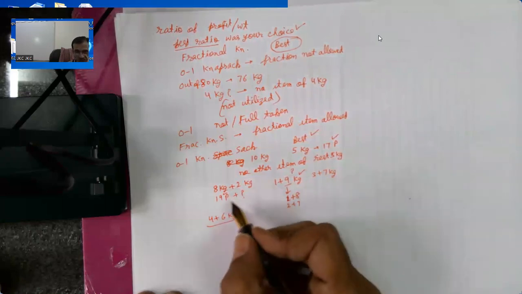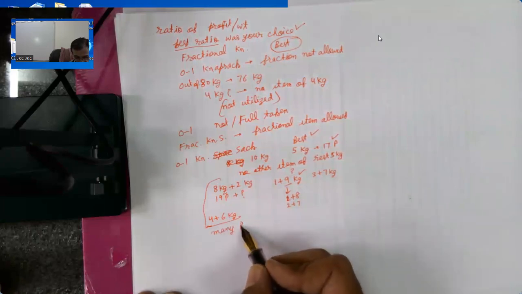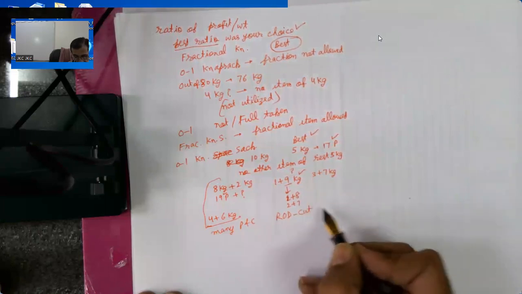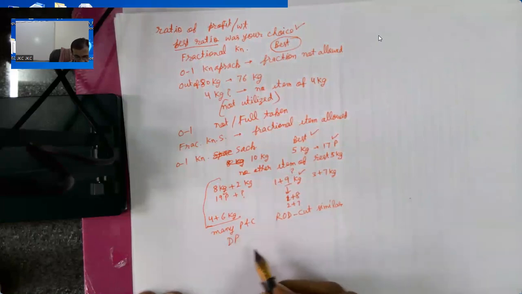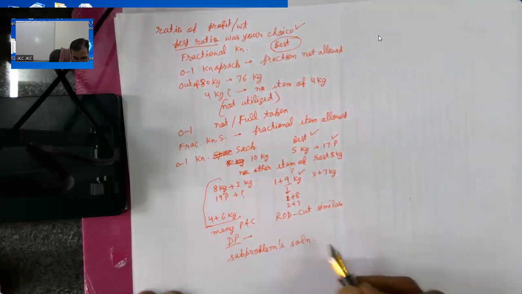So I can easily see many permutations and combinations, and it is more or less similar to the rod cutting discussions also. And obviously now I can say it's a DP problem. In a DP problem, the sub-problem's solution also decides the corresponding value, and sub-problem solutions are needed to make a decision.